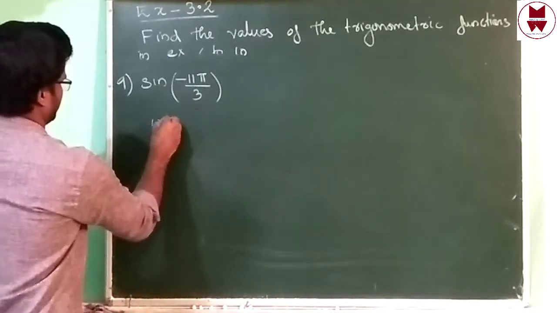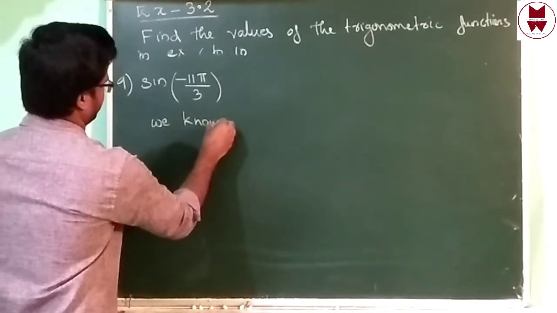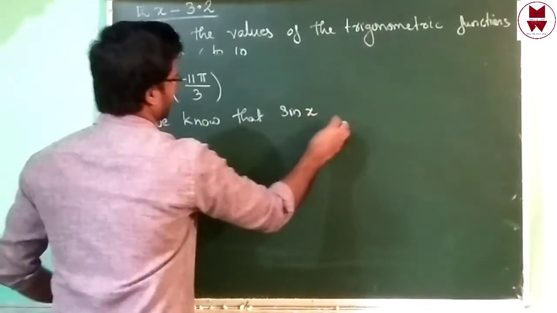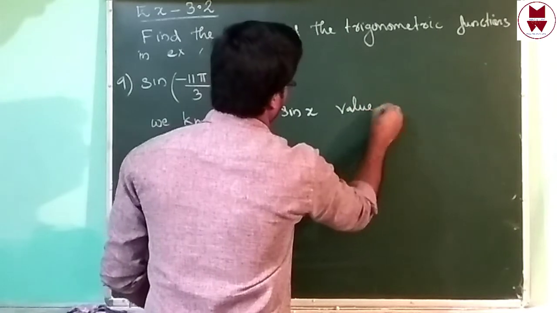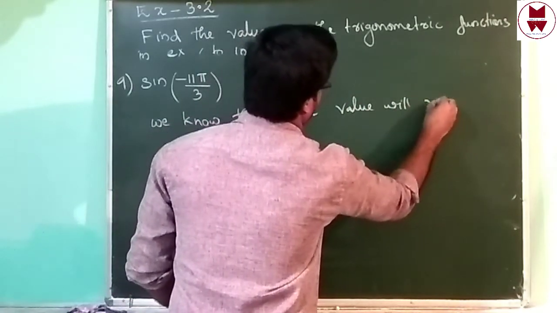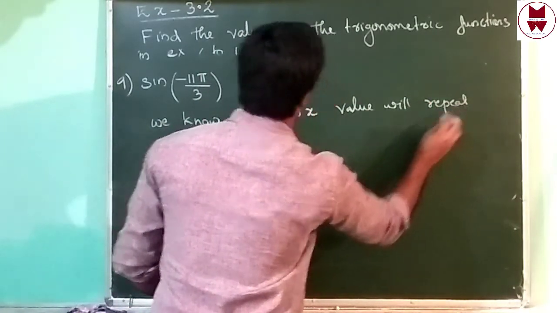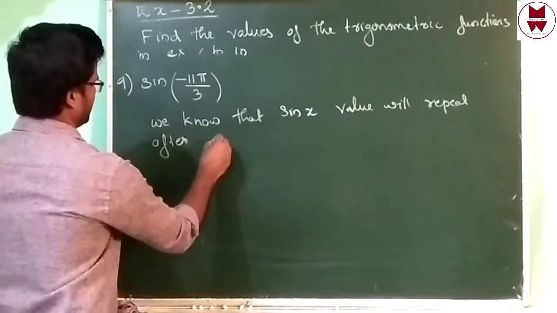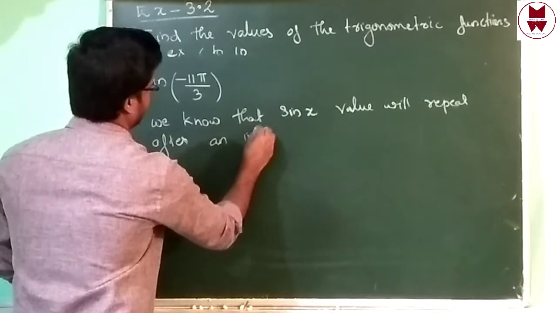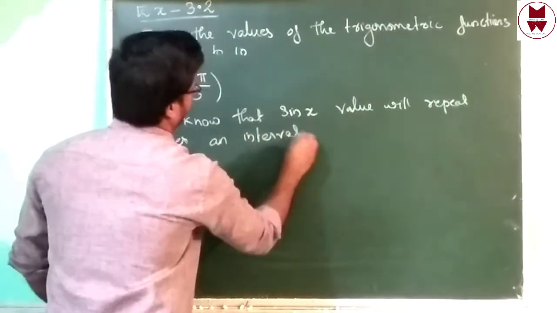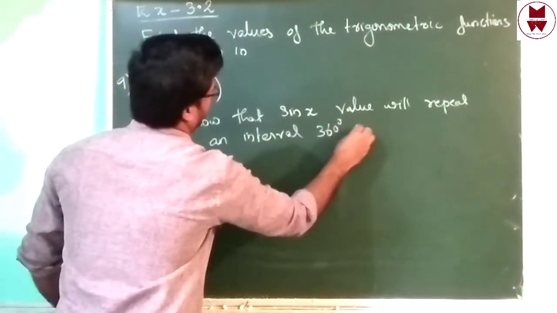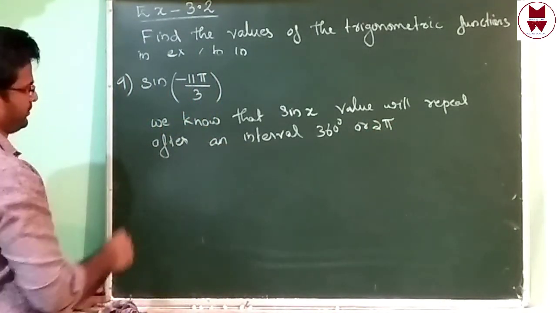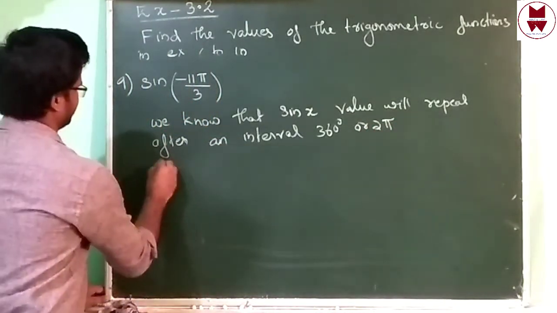Then we know that the sin x value will repeat after an interval of 360 or 2 pi. After 360 or 2 pi, that sin value will repeat.